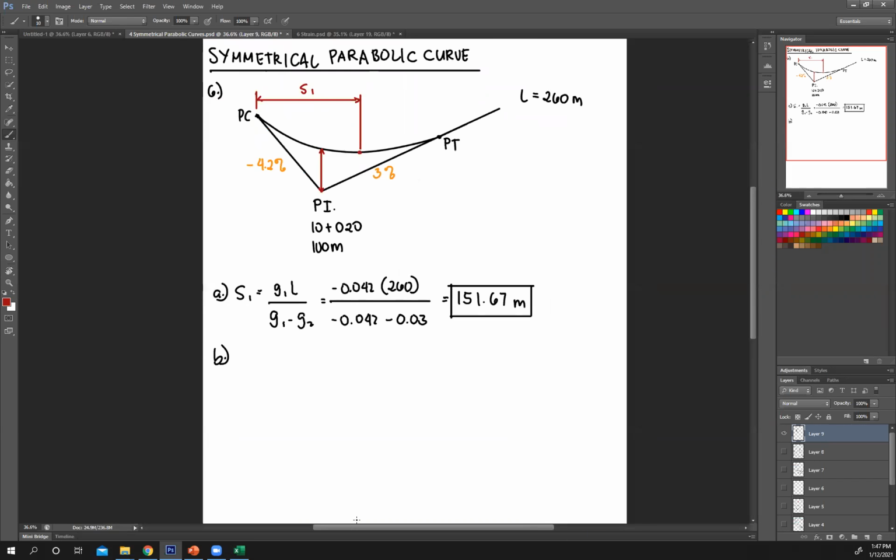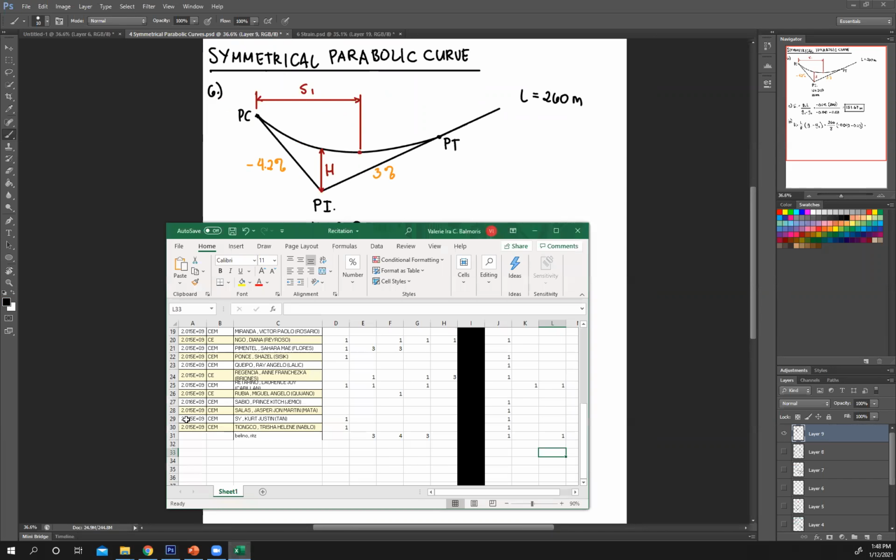So we're looking for H. H is just L over 8 times G1 minus G2. L is 260 over 8. G1 again is negative 0.042 minus 0.03. That's the answer. Correct, negative 2.34. Correct, Anna.